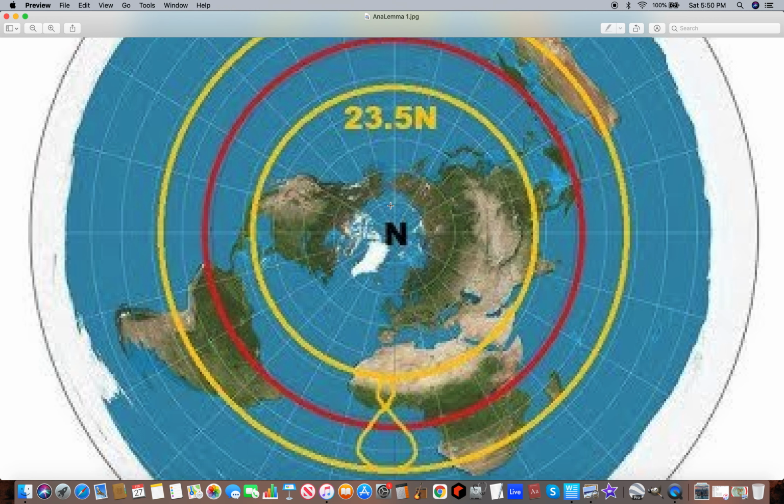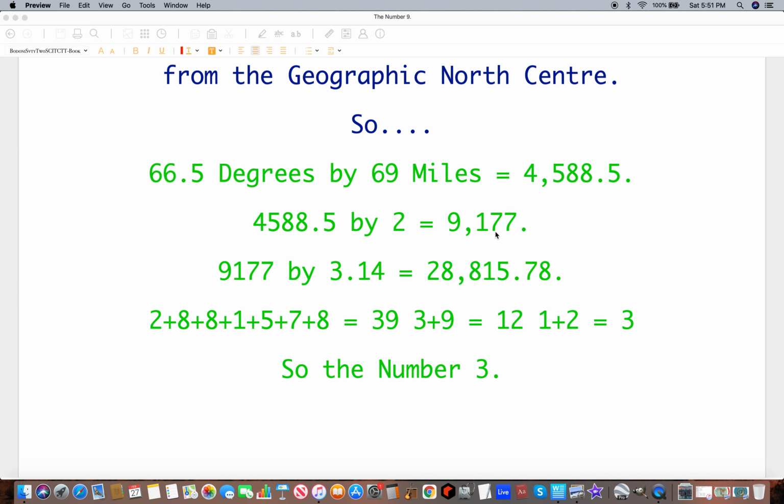Treating this map, the A map or Gleason's map, as just a flat Earth map, not treating the equator as a 24,901 mile circumference. At the moment, I'm just working on the Tropic of Cancer. This is important to show you because there's another example of this later on, maybe two, in the presentation. So the straight line distance of 66.5 degrees multiplied by 69 gives us a radius from the North Centre to the Tropic of Cancer, which works out as 4,588.5 miles.